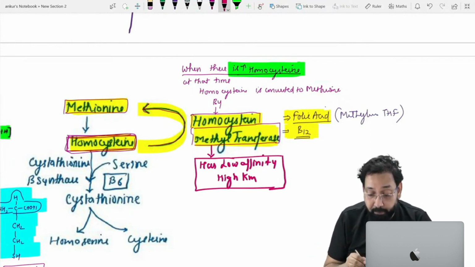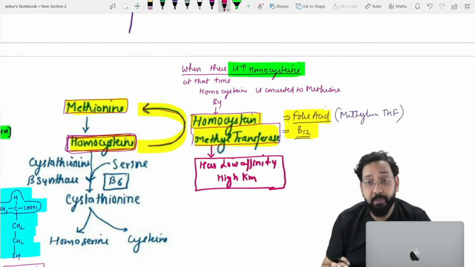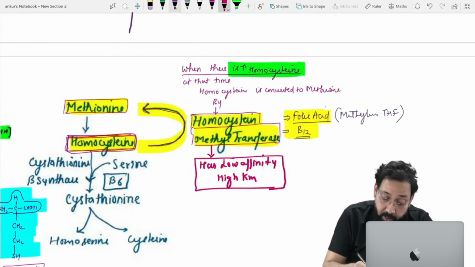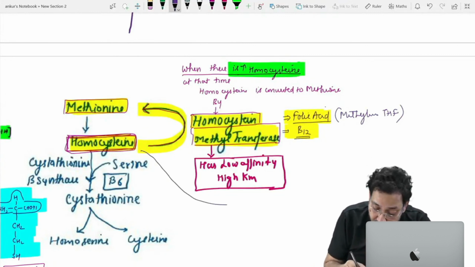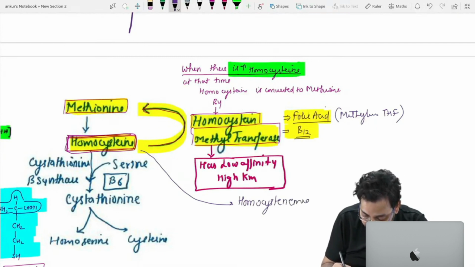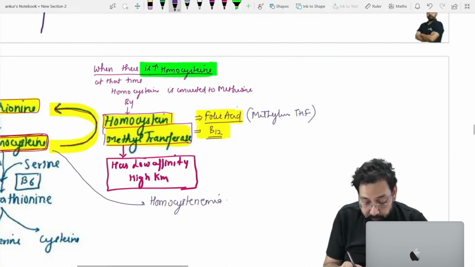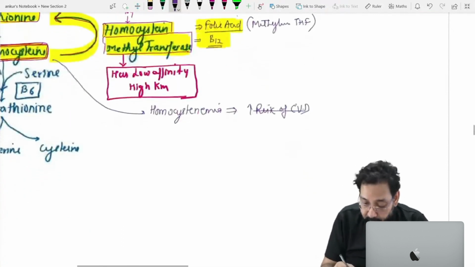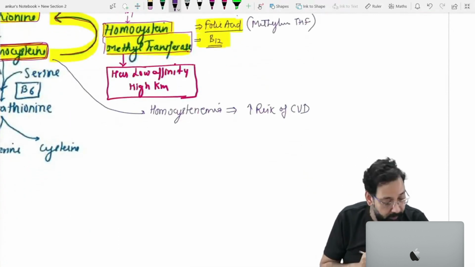So why does the body have this protective mechanism, why did nature keep this homocysteine methyl transferase? Because we know homocysteinemia is associated with increased risk of cardiovascular disease.